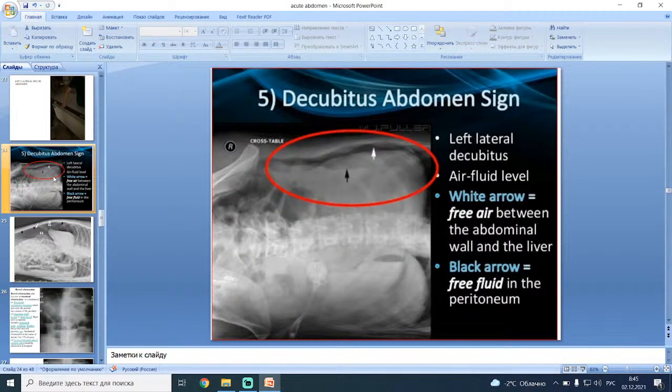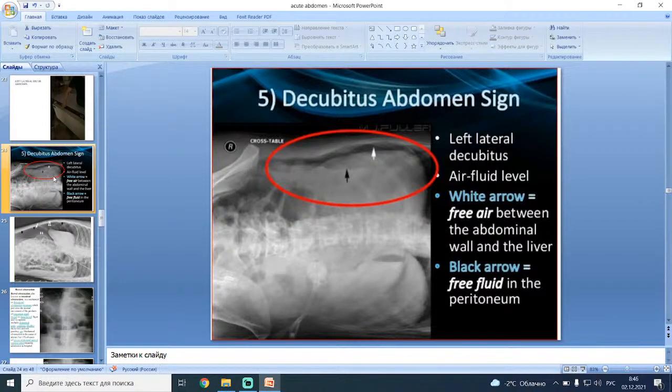Decubitus abdomen signs we can use when the patient has a heart condition and it is impossible to stand in front of the X-ray machine.